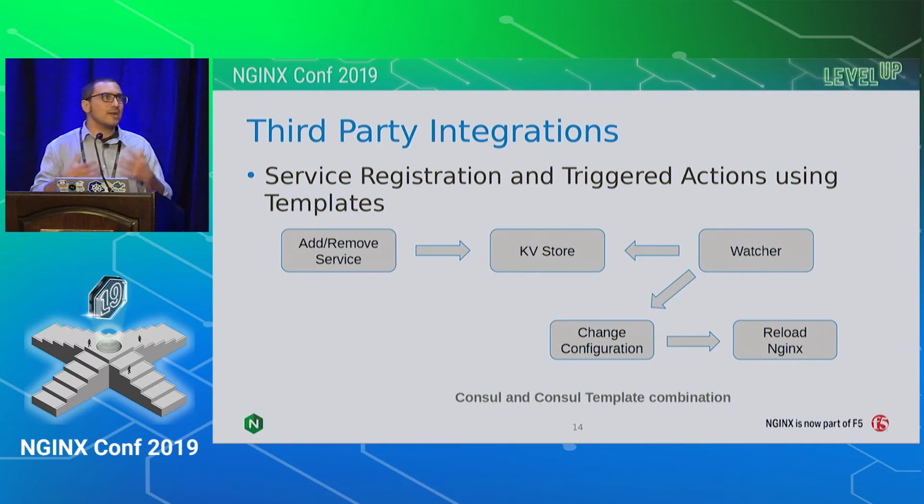On the other hand, something that you usually used in the past, you can use Consul. In fact, this is a combination of a key value store, a watcher, and a template configuration that does all the changes in your NGINX configuration. We usually use Consul with Consul template. This is something that fits very well.